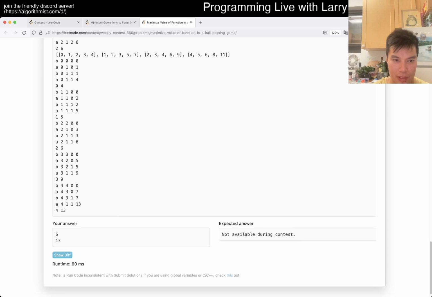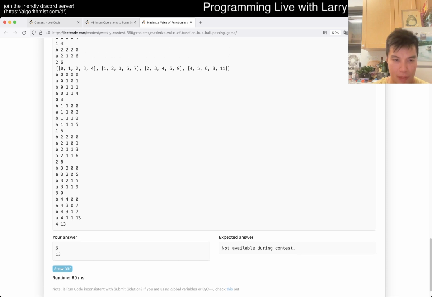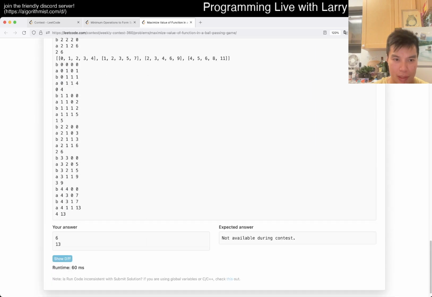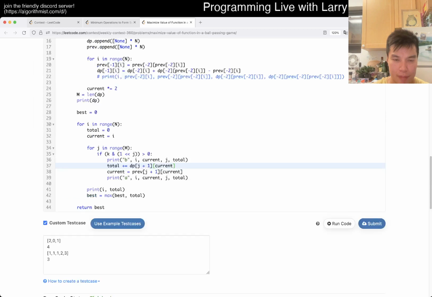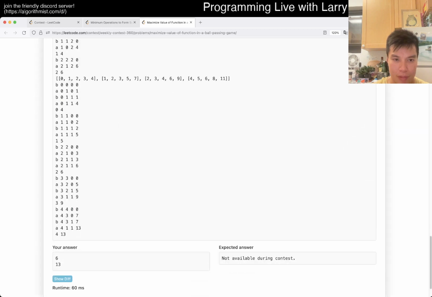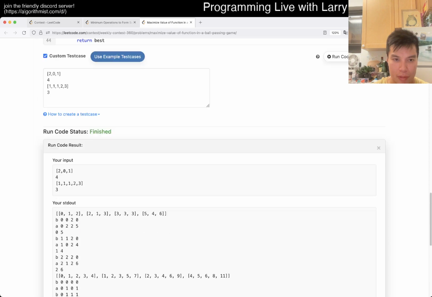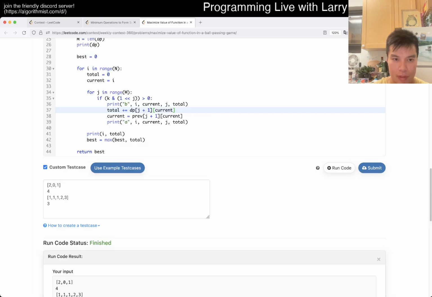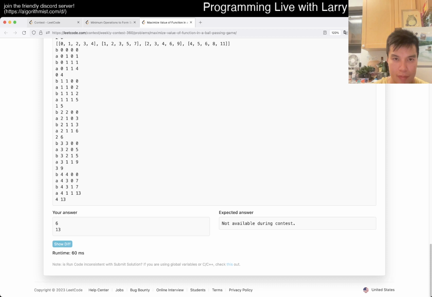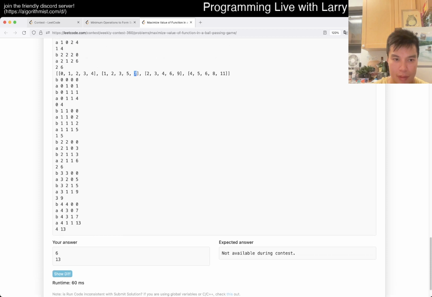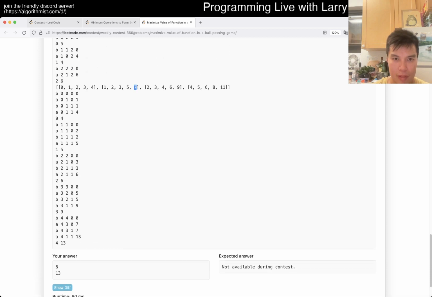K is equal to 3, so you make one move, and then you add another.